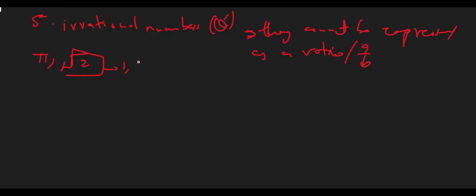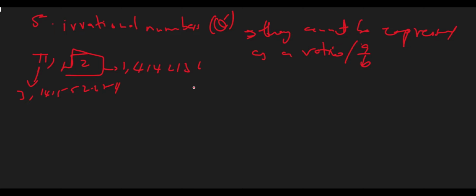It will be 1.4142136 going forward. Same as your pi. Pi will be 3.141592654 going forward. So it doesn't have a pattern. Therefore, we say it is an irrational number, right?